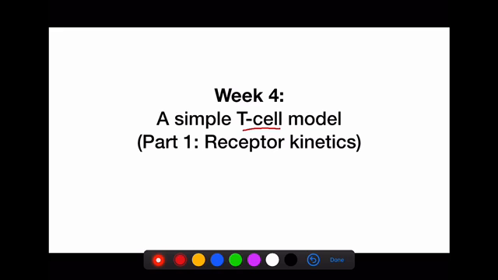Immune cells, also called lymphocytes, and I think you are already familiar with the B cell and T cell concept. And among T cells, we have two major different kinds, which are T helper cells and T killer cells.